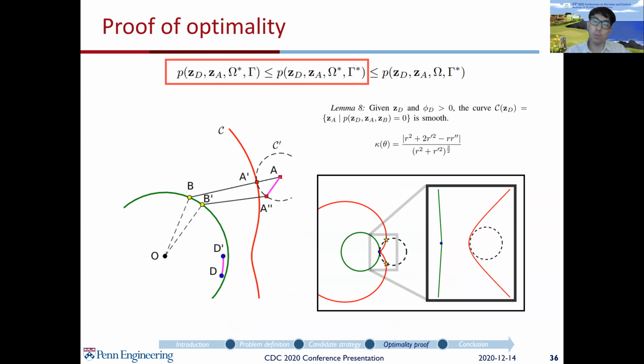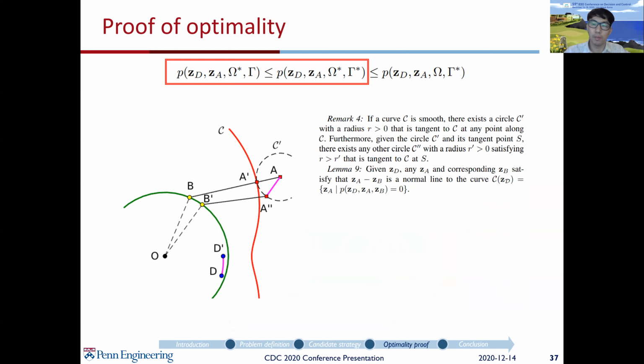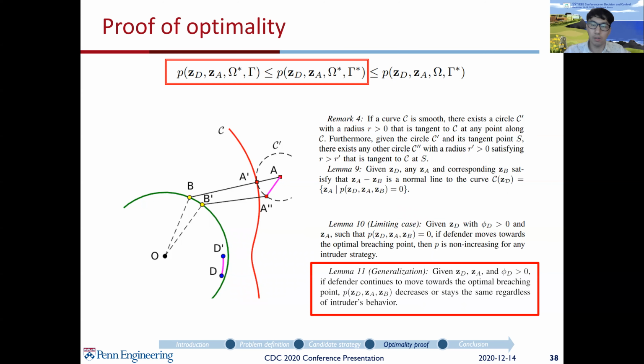And in this lemma, we prove the smoothness of the curve. Using that, we go through the extensive geometry and also the previous lemma to prove that, as a generalization, this statement is true.